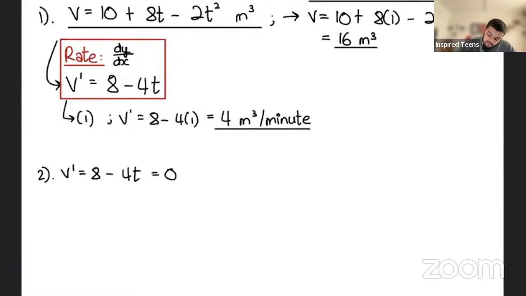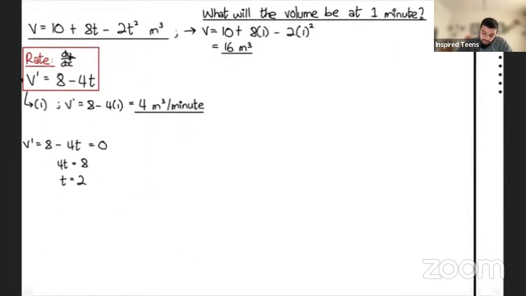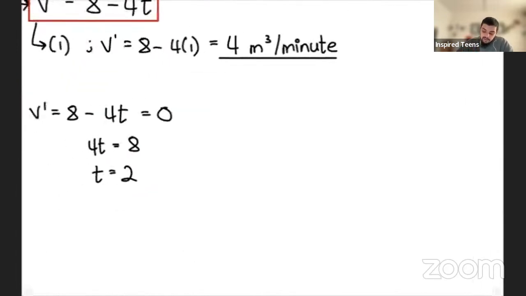So 8 goes over to the other side. We get 4t is equal to 8, and then t is equal to 2. We solved for t because they ask after how long will the water's volume be a maximum. We derived it, equated to 0: after 2 minutes.